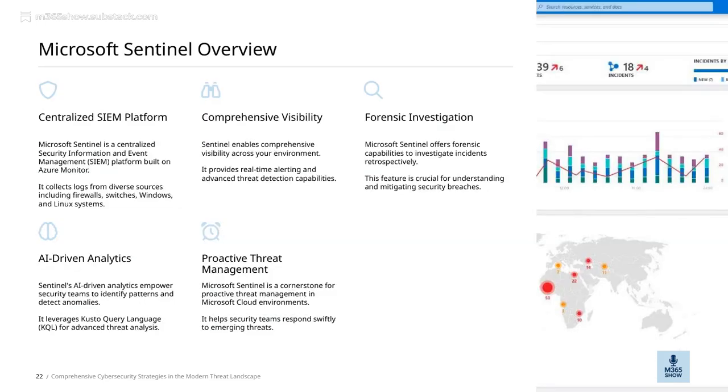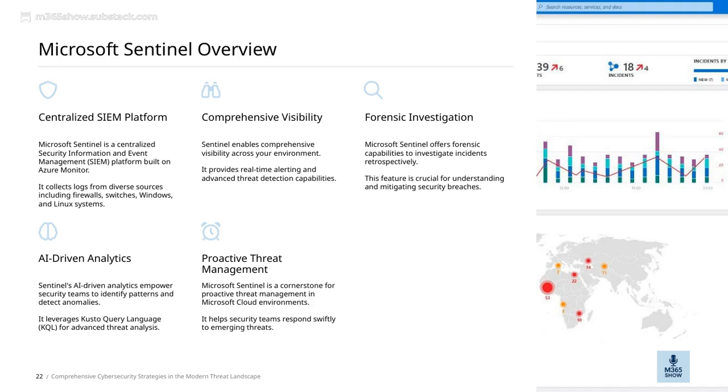Microsoft Sentinel is truly a cornerstone for proactive threat management in our Microsoft cloud environments. It helps security teams like yours respond quickly and effectively to emerging threats, minimizing potential damage. The key here is the proactive approach, being able to stay ahead of cyber threats rather than just reacting to them.